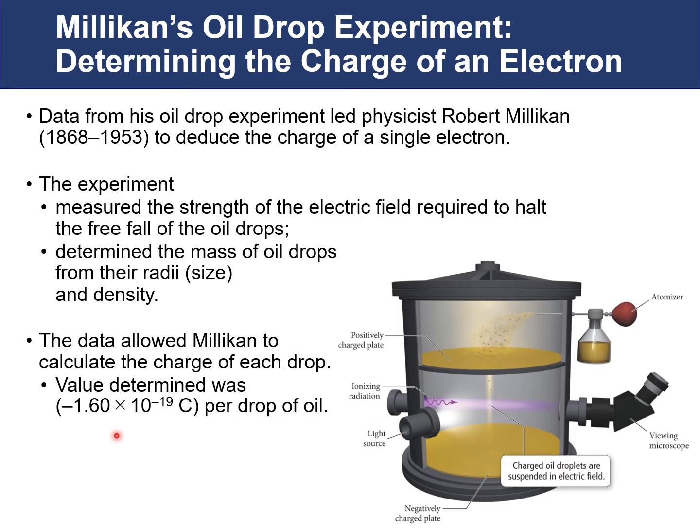This enabled Millikan to calculate the charge on each drop and was determined that the charge was negative 1.60 times 10 to the negative 19th coulombs per drop of oil. This corresponds to the charge on an electron. From that, you could then use the ratio from the Thomson experiment using the cathode rays to determine the mass of an electron.